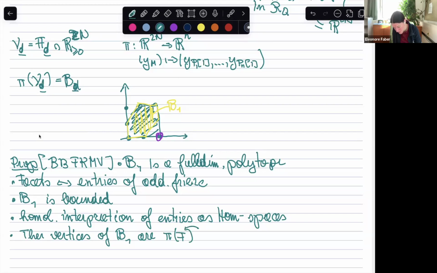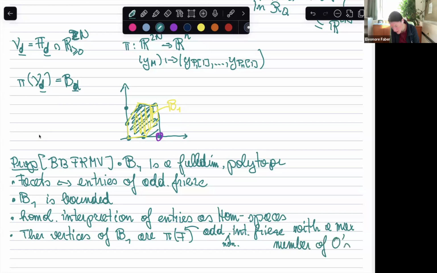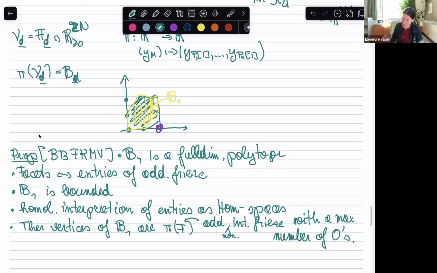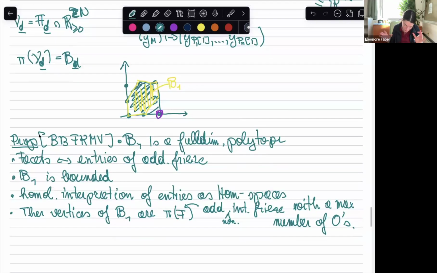Where this is an additive integer frieze, so non-negative integer frieze, with a maximal number of zeros. And so there are at least n zeros, but we can have more. And so this is very different, so these are not cluster tilting objects, unfortunately.